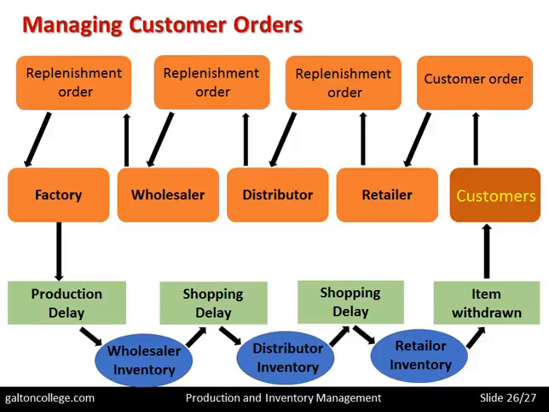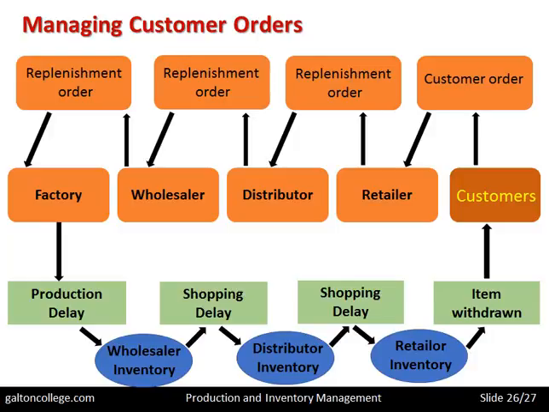Now this can apply to small items, but it can also apply to a big item. Let's say a car. A car is quite an expensive item. The customer places an order with the car retailer to buy a particular car. Now the retailer may not have the car in stock, so the retailer may have to go to the distributor, and the distributor in fact may not have the car, but the distributor will go to the wholesaler, or the equivalent in the car industry, who may not have that particular car.